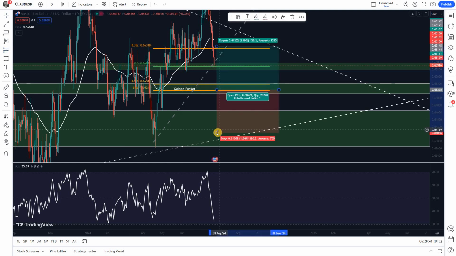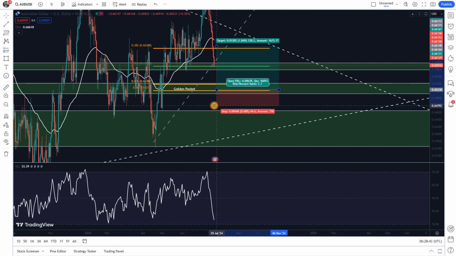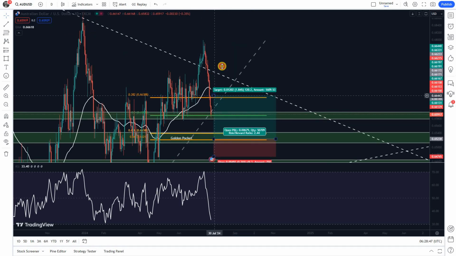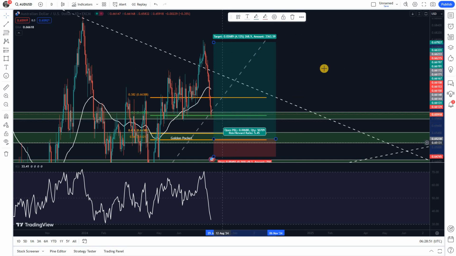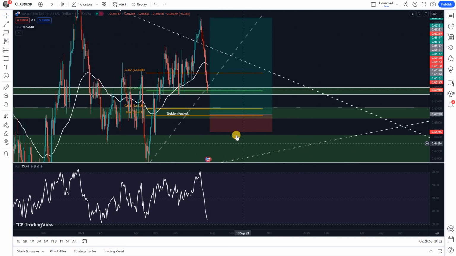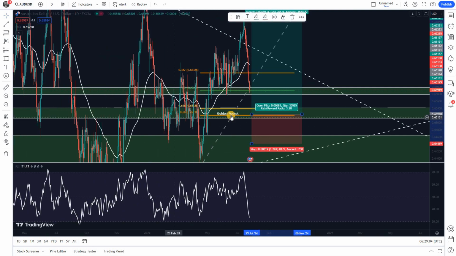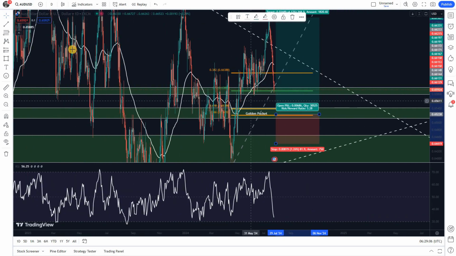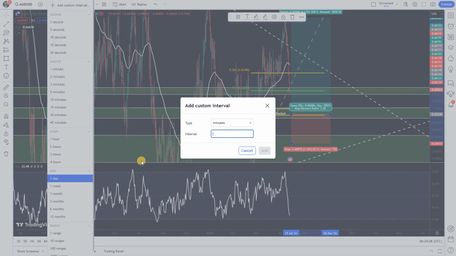Our stop loss will be here, and our winning position will be here. So it's 4% against 0.1% loss. We can expand this loss up to here, it's up to us, but this is the golden pocket as you can see.